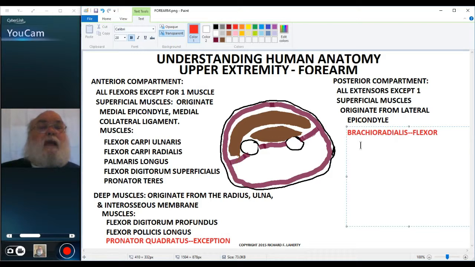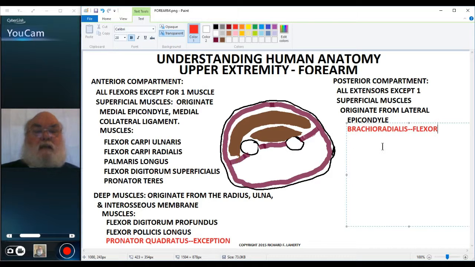However, it only flexes when the hand is half pronated, in the hammerhead position. In that position, it flexes and will then help brachialis with flexion of the elbow. But it is a posterior compartment muscle that is the exception to our general rule.